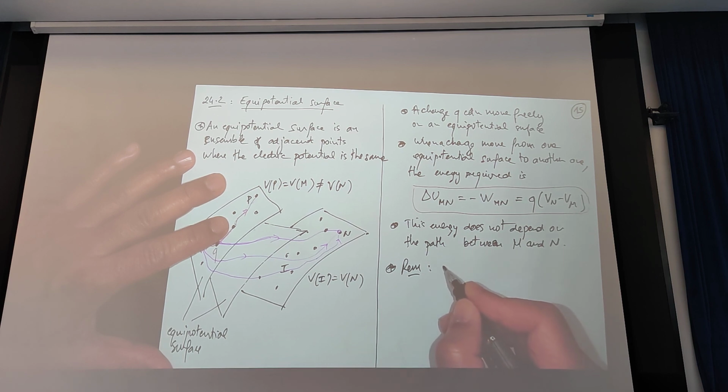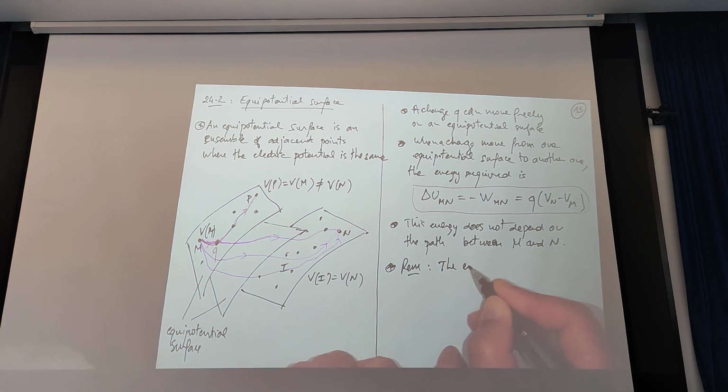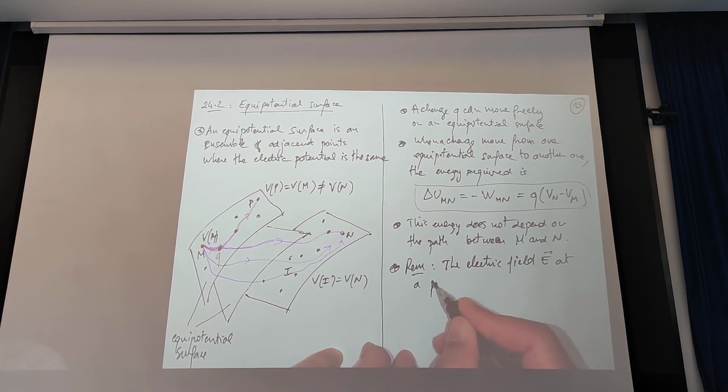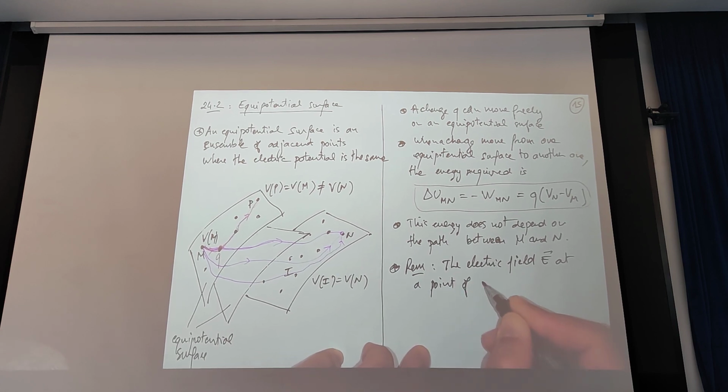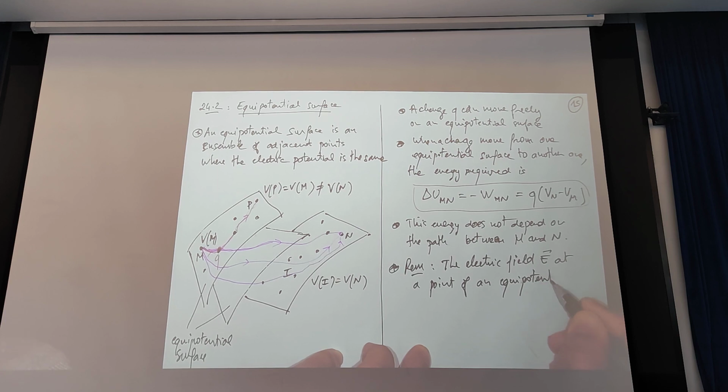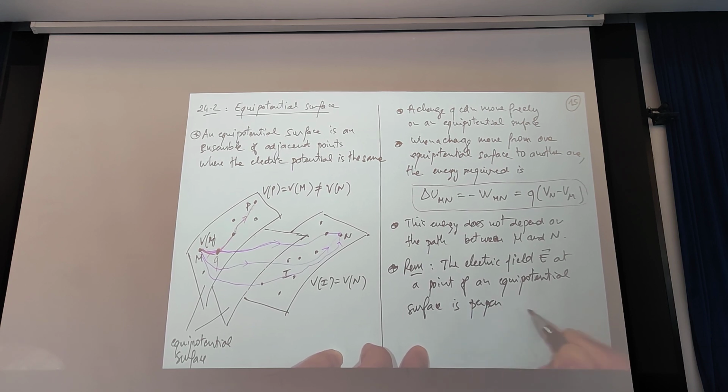The electric field at a point of an equipotential surface is perpendicular to this surface.